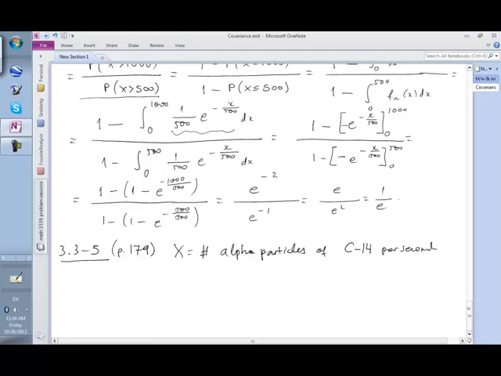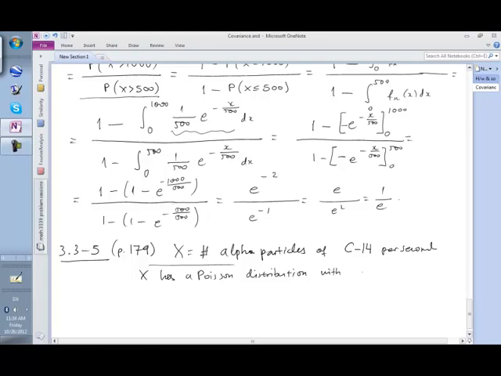Typically, when we have particle counts, we use the Poisson distribution. So X has a Poisson distribution. Actually, the problem is giving you that it has a Poisson distribution with mean 8.